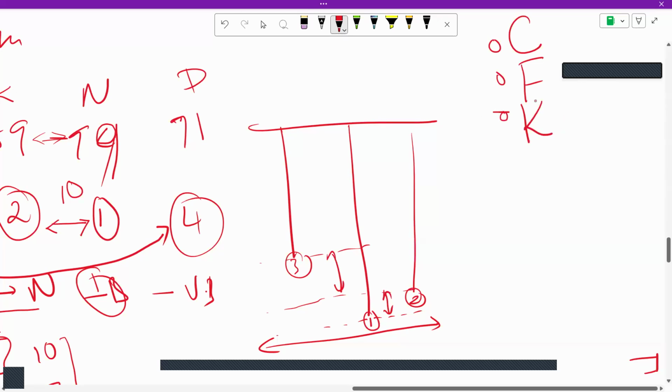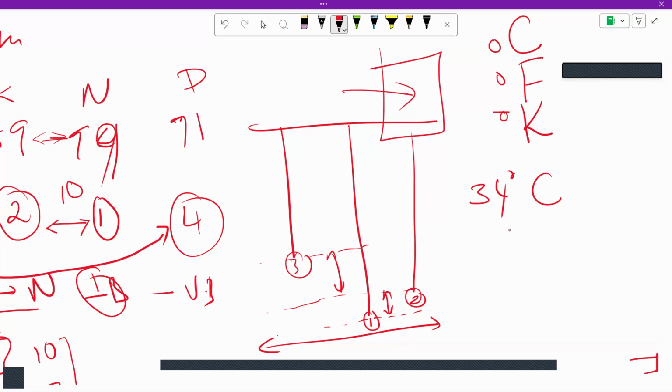Right. Now normally, room temperature in our country we have 34 or 35 Celsius. In some countries, when you look at the fridge, the temperature may go down to 0 Celsius. What do you mean by 0 Celsius?